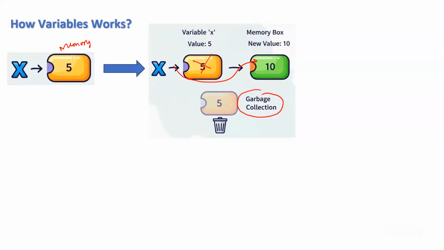Is 5 assigned to any variable? I said x is equal to 5, the variable was assigned 5. Then I said x is equal to 10. Once I did that, it has gone here.